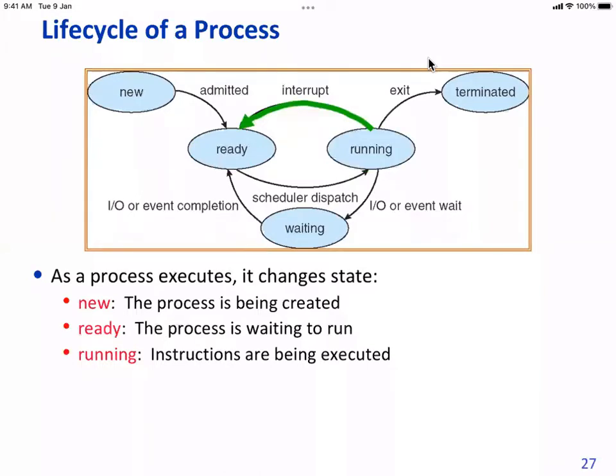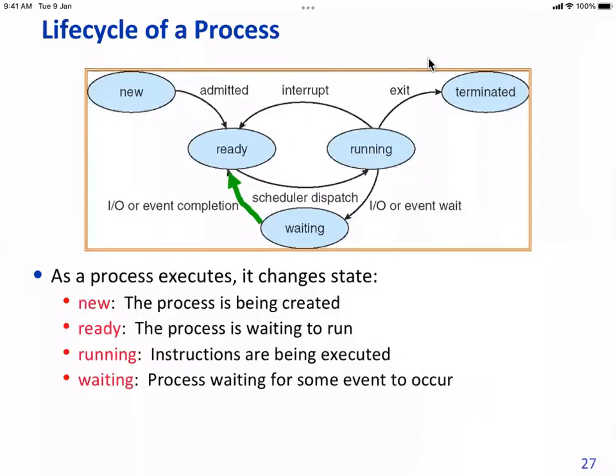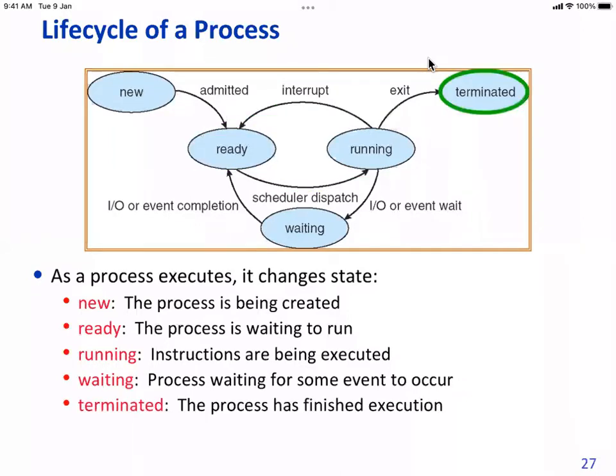So there is an interrupt, the process is moved out, OS starts running, and OS may schedule the same process or another process. Finally, the process may want to do IO, come to waiting state, and once IO is complete, it goes again to ready state, and then it starts running, and sometime or other it gets completed and terminated. Okay, so we have looked at all these states.